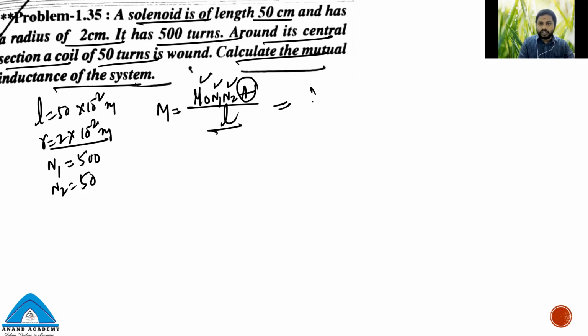You substitute, and approximately the answer you get is 80 millihenry. Okay, is it all right? Now, shall we move to the next one?